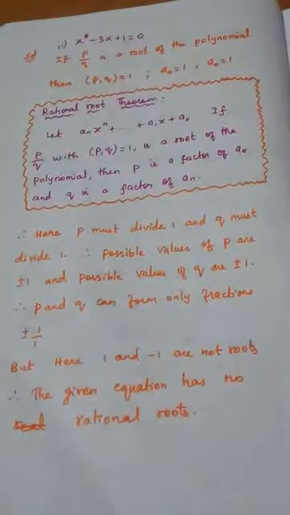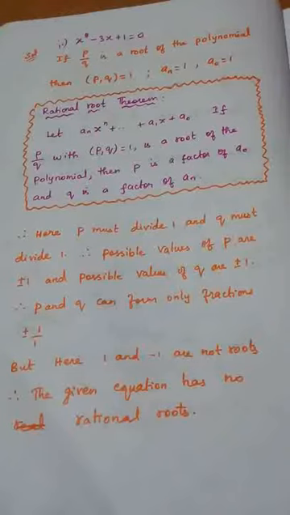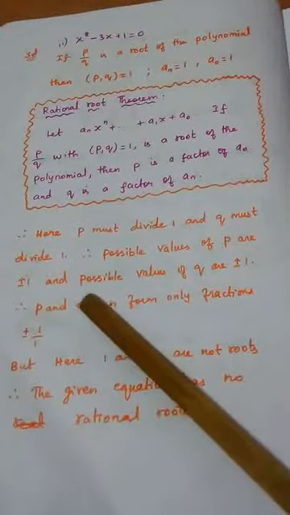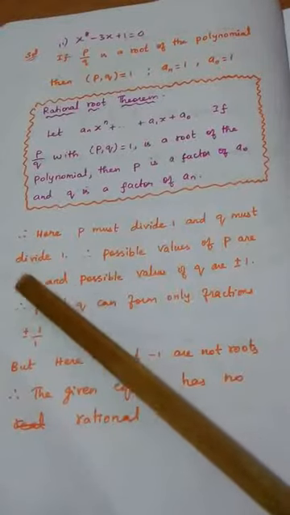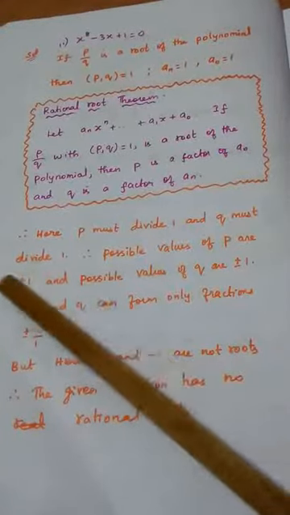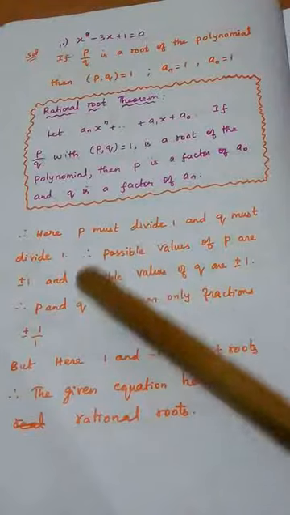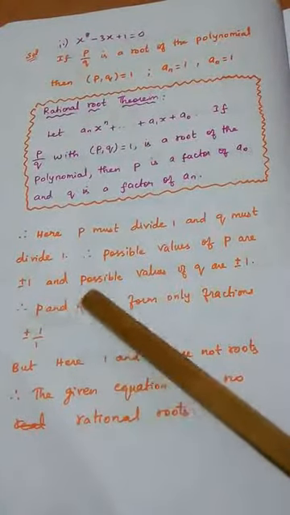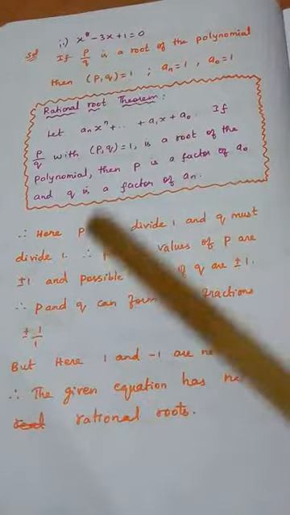Definitely the factor of 1 is only plus 1 or minus 1. Only two possibilities, no other number. So the only possible values are that p can be plus or minus 1, q also can be plus or minus 1. So if I find p by q, I will get only these answers, because both p and q are only equal to plus 1 or minus 1.